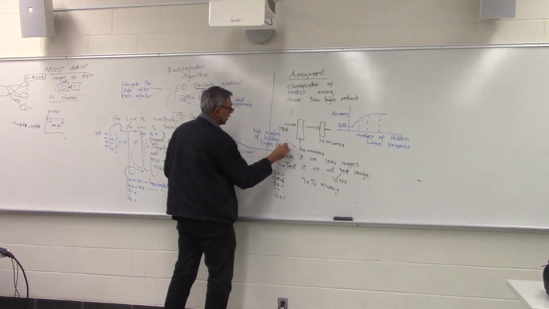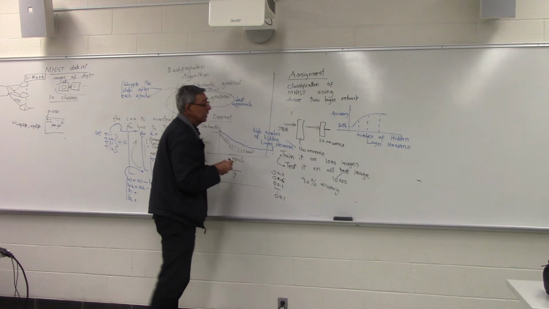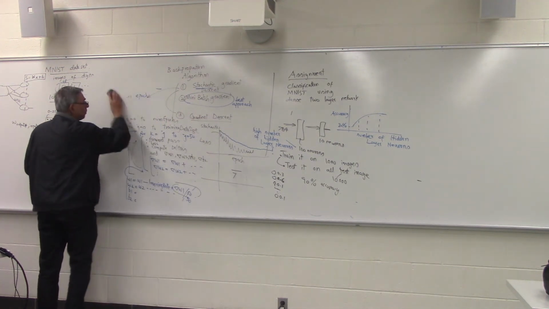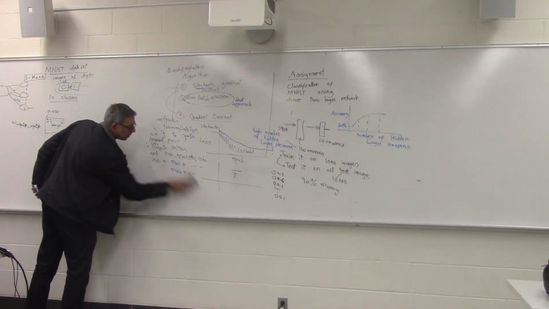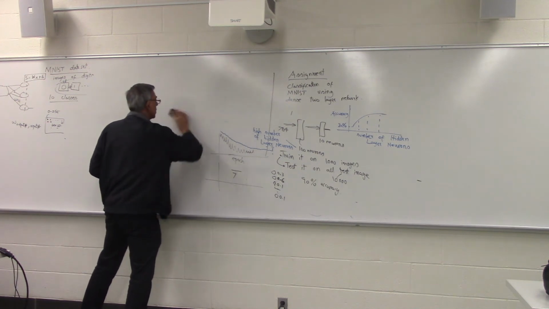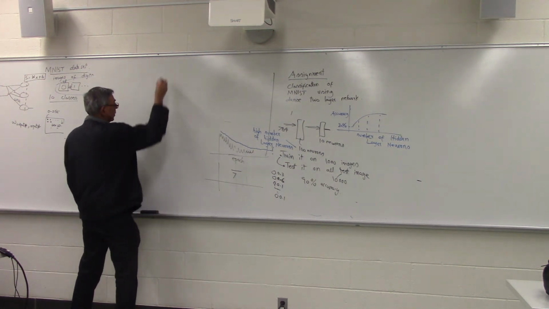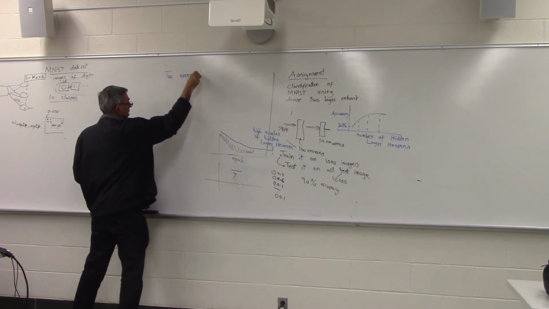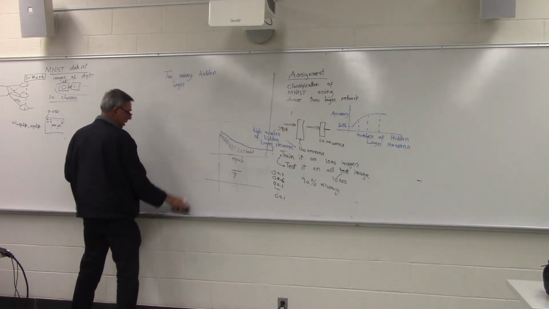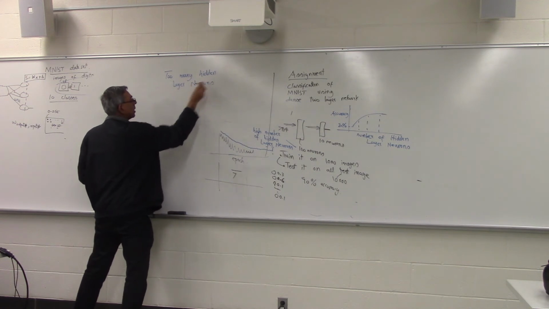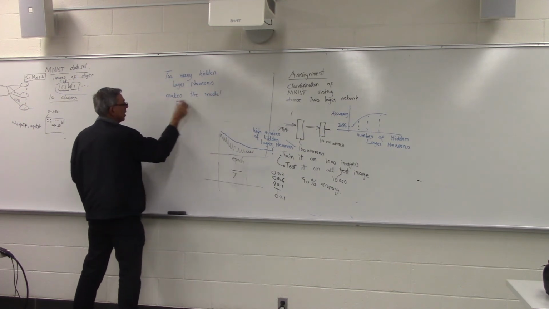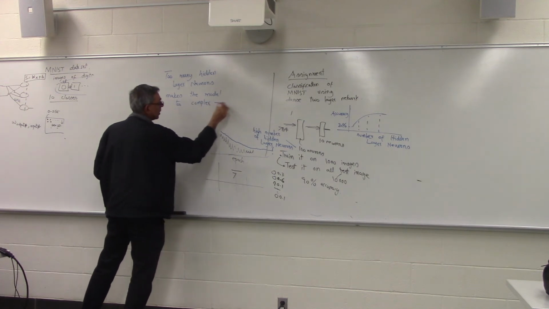The answer is no. In fact, too many hidden layer neurons makes the model too complex, and this results in what is called overfitting.